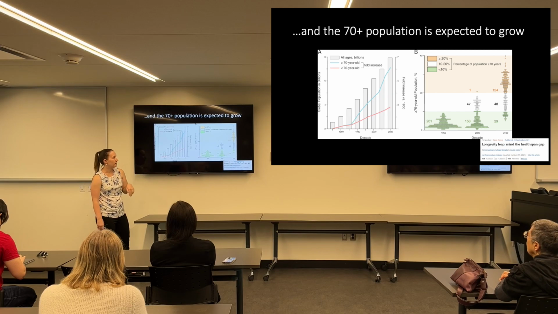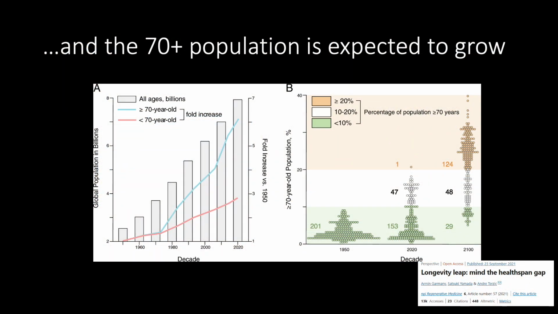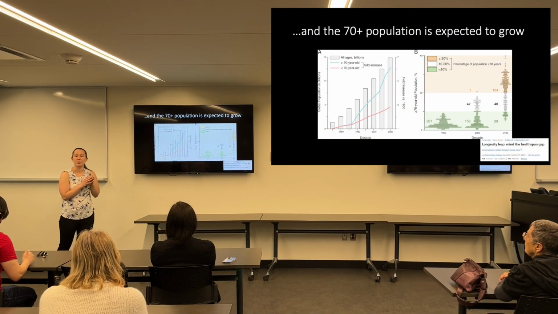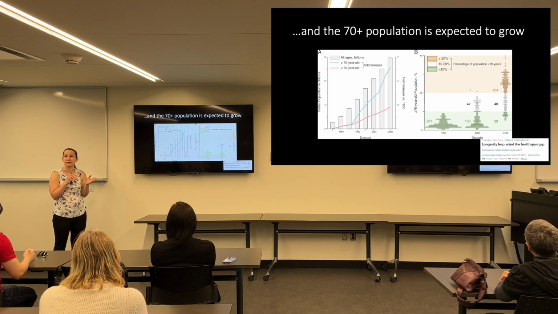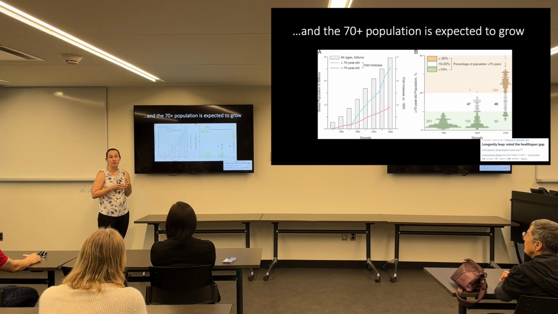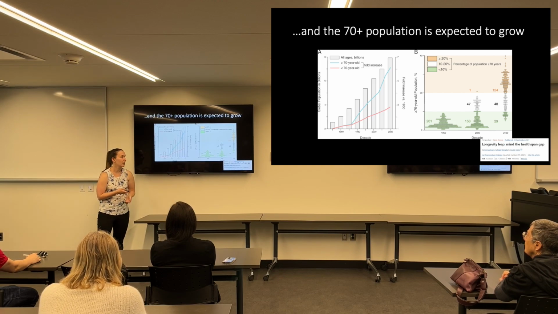In 2020, this ratio has started to change. Now we see more countries with between 10 and 20% of their population being 70 plus. And it's predicted in 2100 that around 124 different countries will have a population of 70 plus over 20%. So the number of people that are living into their 70s, 80s, and beyond is increasing.